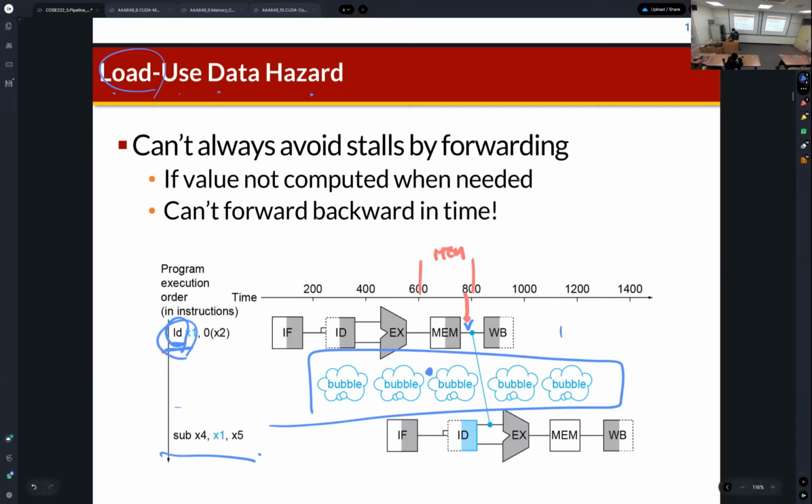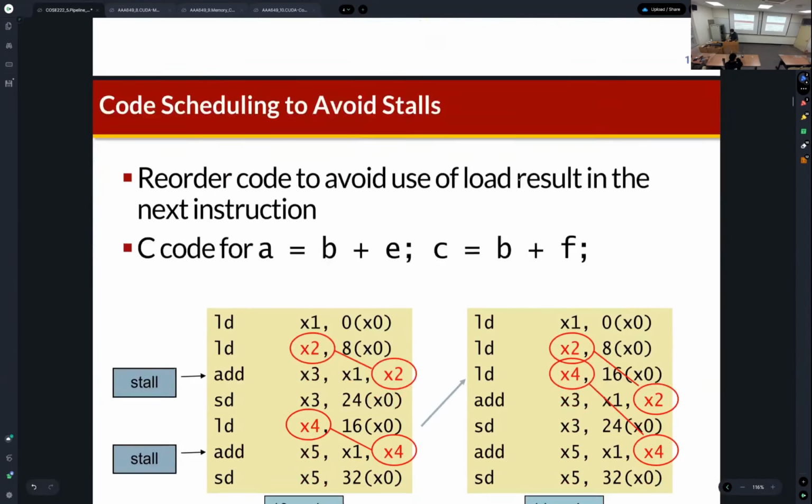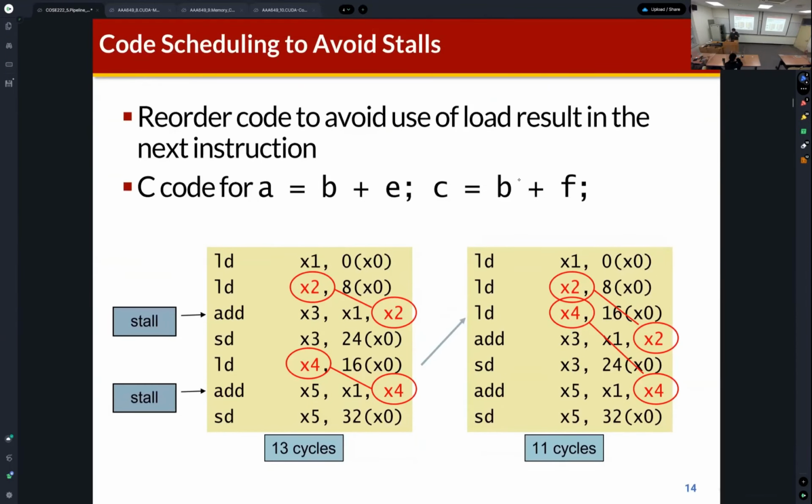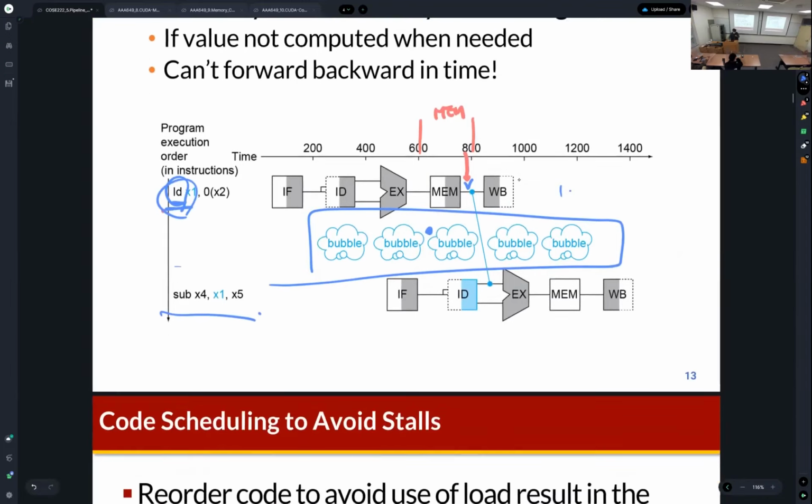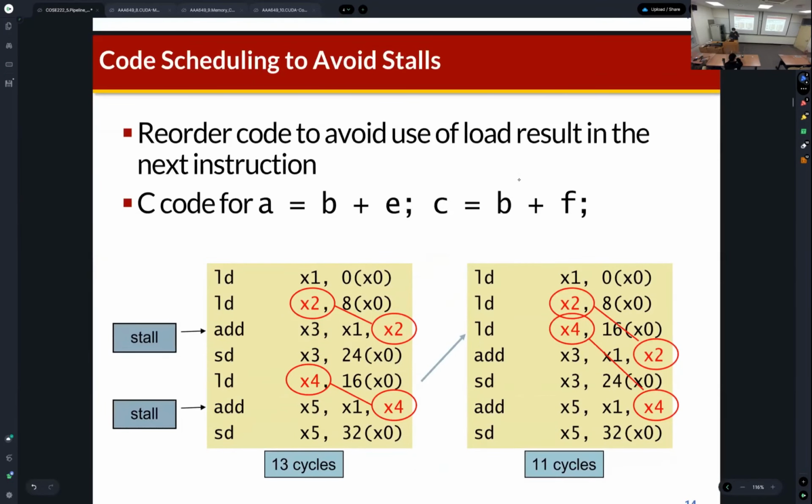So one cycle is wasted because of data dependencies between the load and the following instruction. So how can we solve this problem? The hardware cannot, but the compiler can solve this problem. Not always, but if possible. So what does that mean?